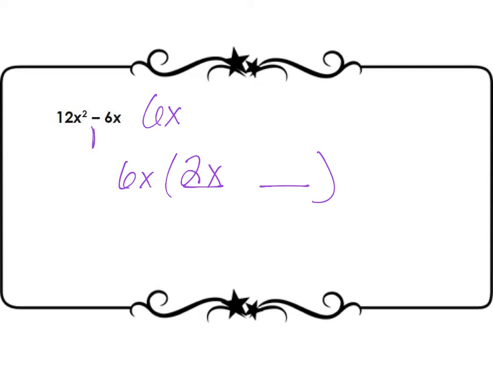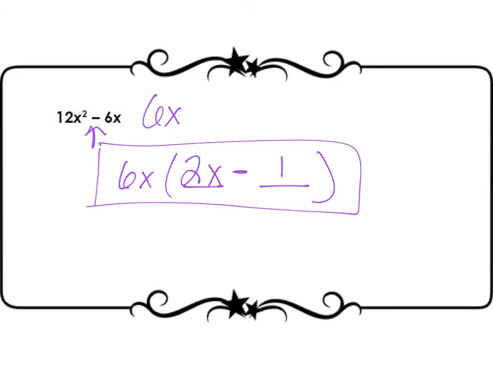Now the second piece, if you notice, we have subtraction, so there's going to have to be a minus sign here. And 6x is the same thing as 6x, so we know it's going to be a minus 1. So this would be as simplified or factored as we can get this.